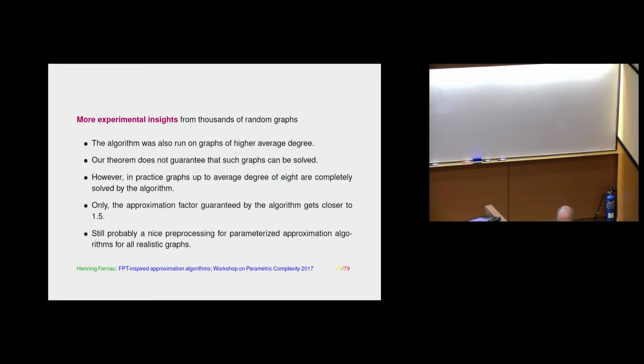Yeah. And first of all, as I said, this was coming out of a paper which was actually doing parameterized approximation. So of course, you can try to combine something with that. That's pretty easy to do. And secondly, even if you are really after exact solutions, knowing a solution where you know that it's within a factor 1.005 of the optimum, you basically know the optimum.